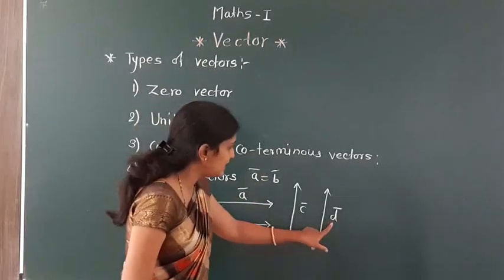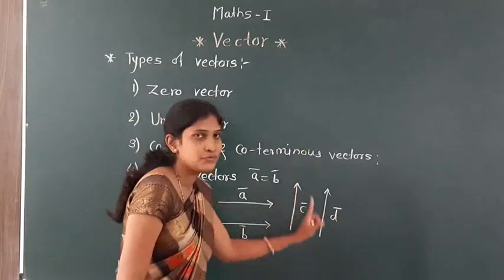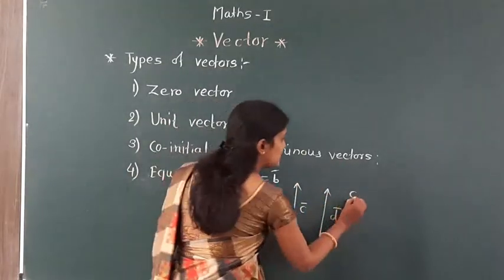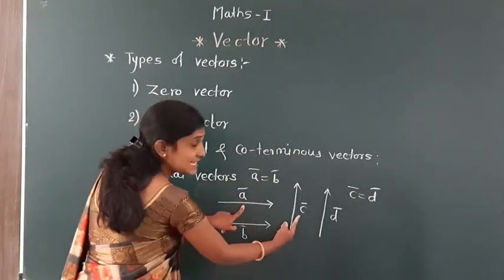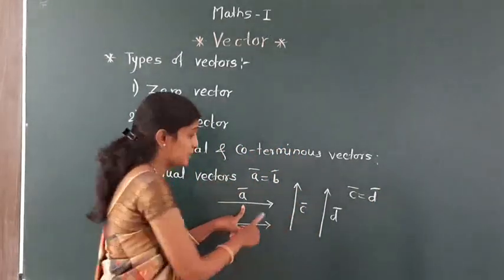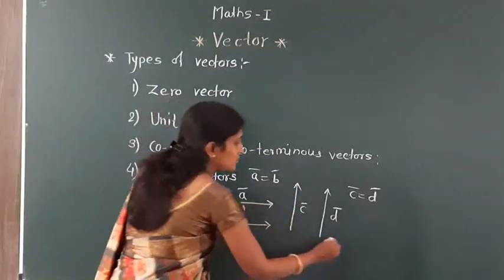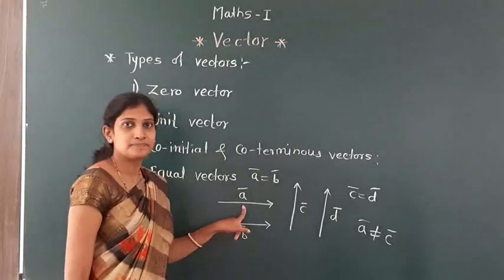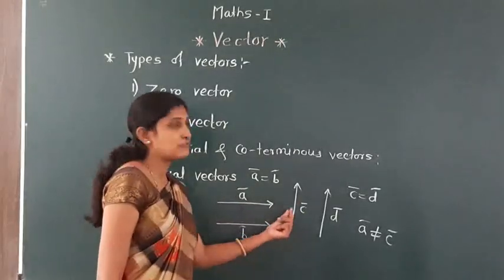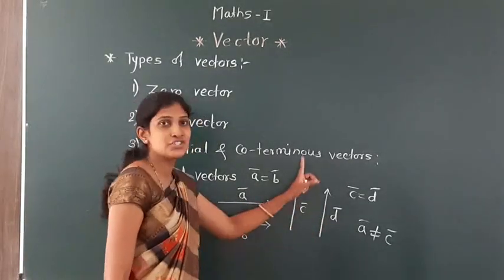Here c bar and d bar have the same magnitude as well as the same direction. So c bar is equal to d bar. But a bar and c bar have the same magnitude but not the same direction. So a bar is not equal to c bar, because these two have the same magnitude but their directions are different.